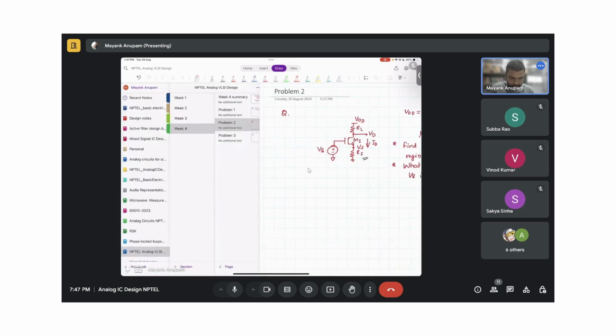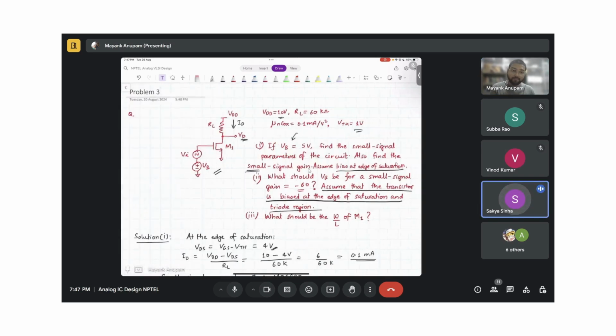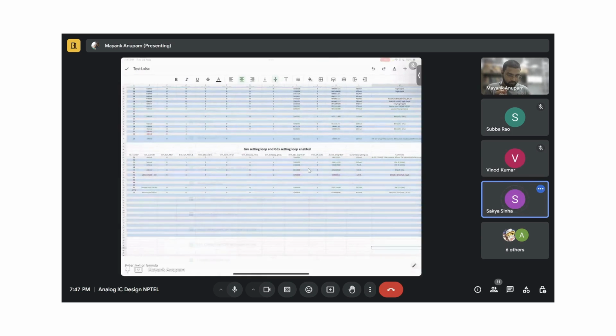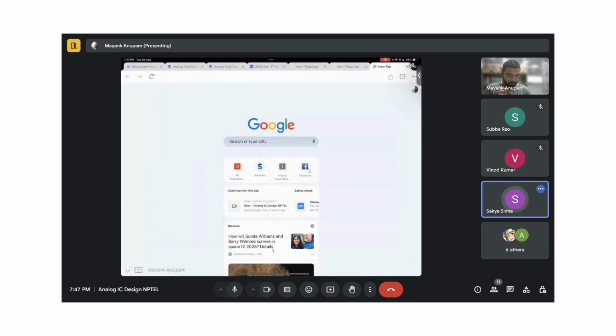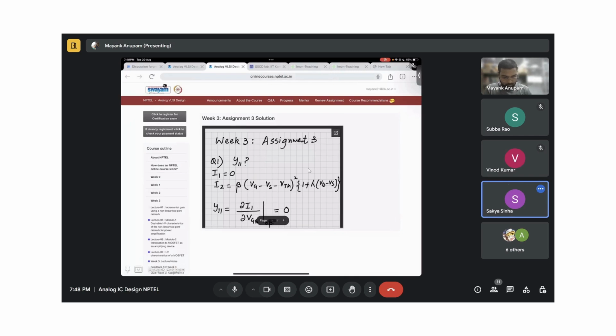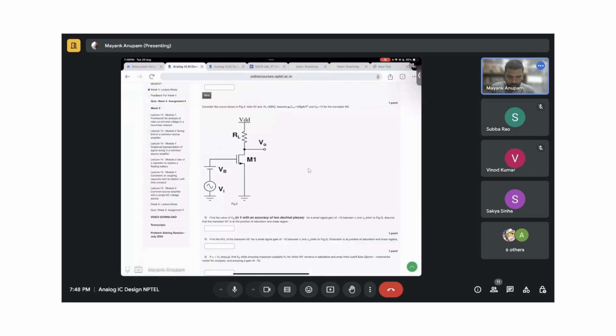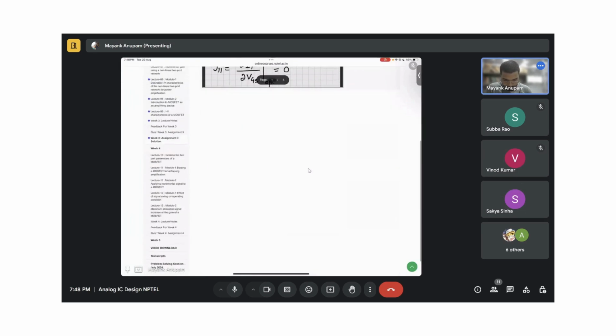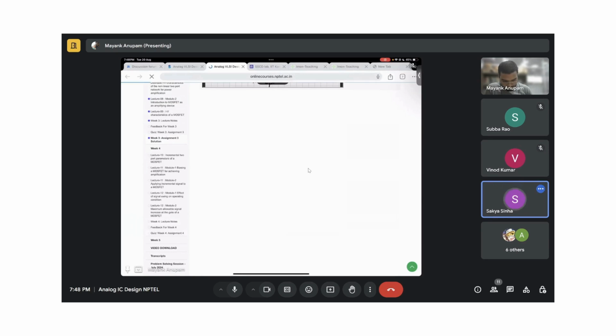I have a doubt in the assignment. Not on the question itself, but you provide a hint there. Consider the circuit shown in the figure.